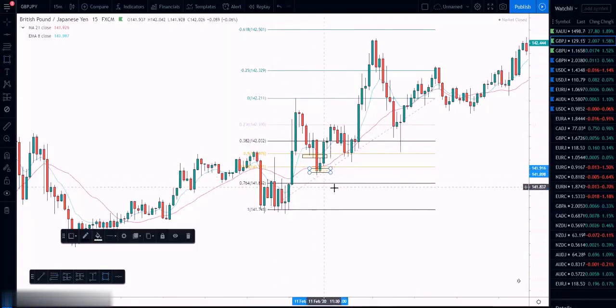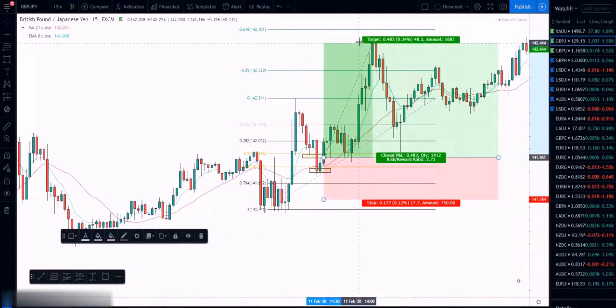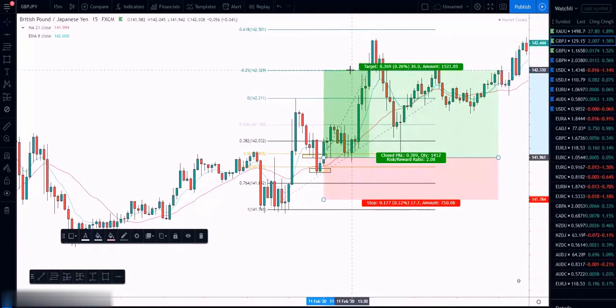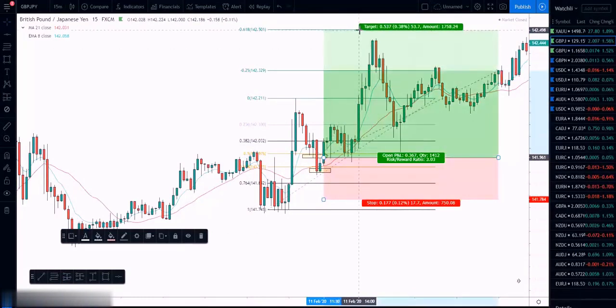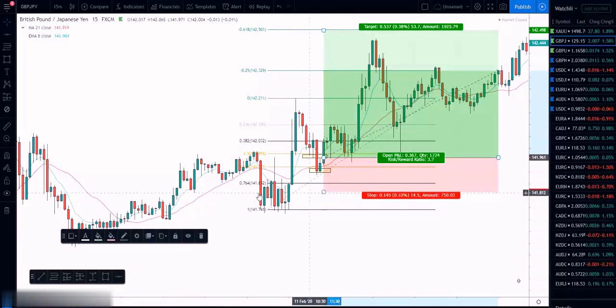More rejections near our zone there. Moving average crossover right there as well. Would have had our take profit, most likely set to about that area. But like I said, you're going to keep letting it run and move stop loss to break even and keep moving your stop losses. Stop loss we're always going to have set below the 764 more than likely.